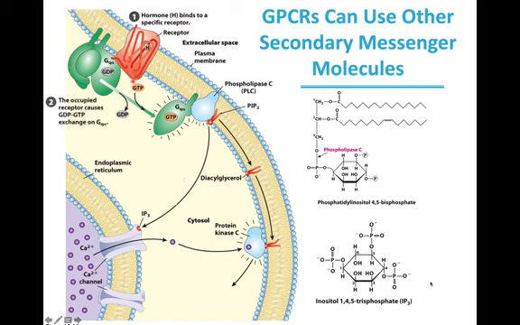Now, since this receptor is bound to a G protein, this initiates the release of GDP and binding of GTP to the subunit named Gq alpha. And this particular subunit is very similar to the Gs alpha subunit that we saw for the beta adrenergic receptor.